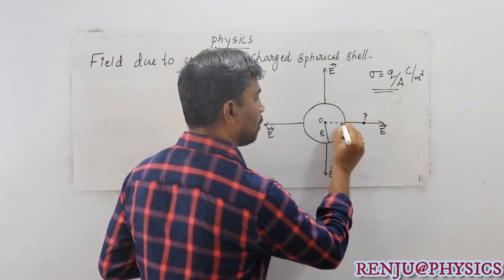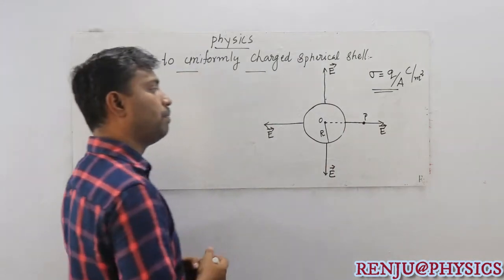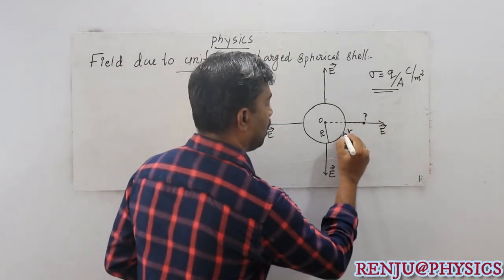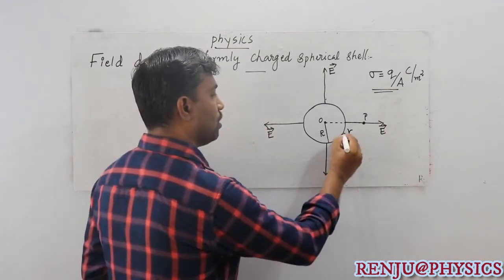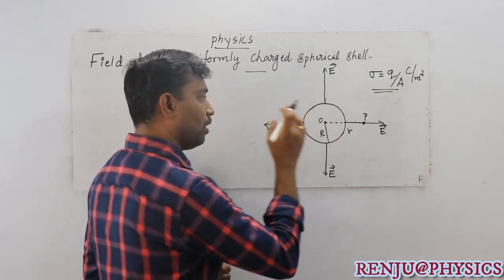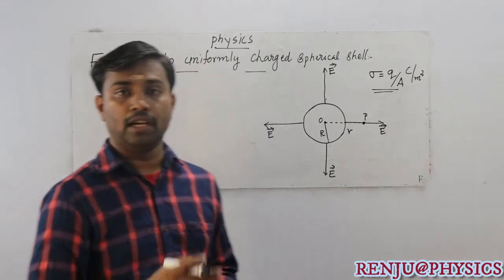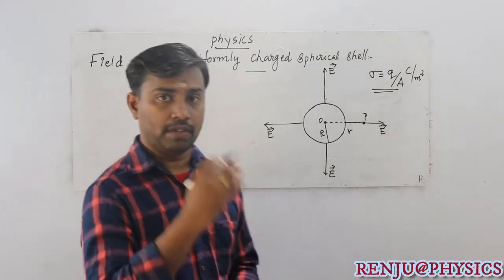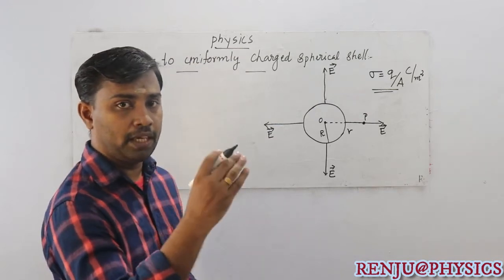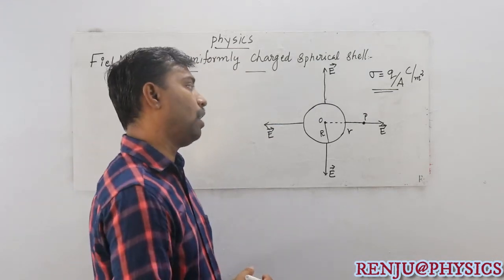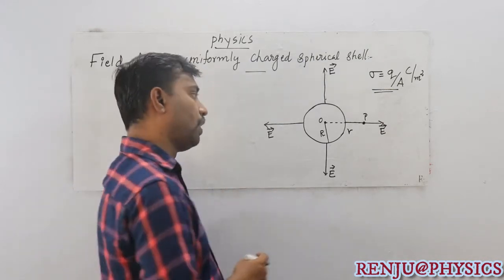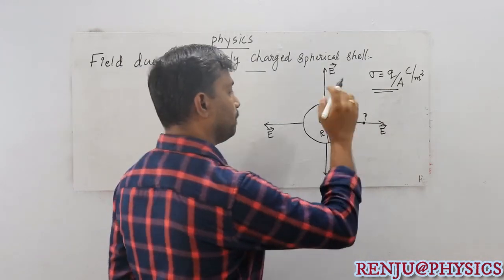We consider point P at a distance r, small letter r, from the center of the sphere. We want to find out the electric field at the point P.